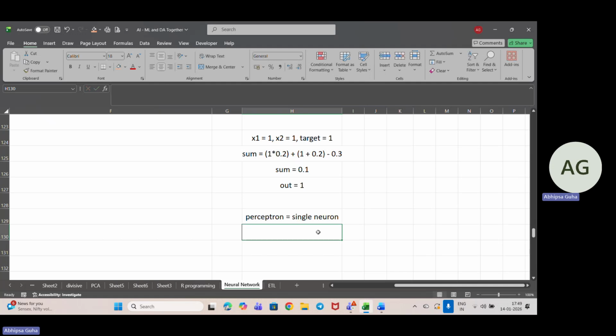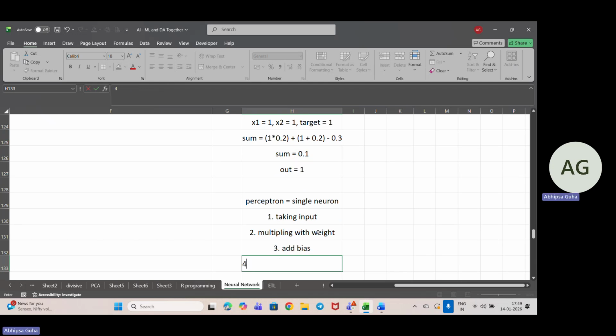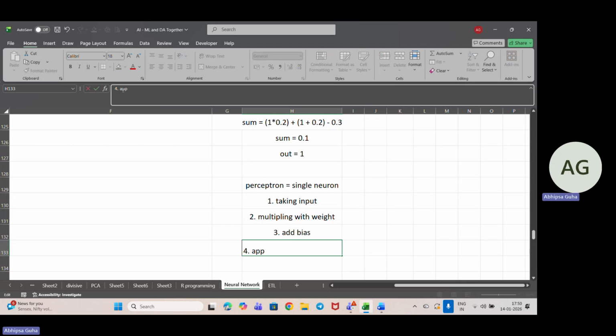Steps, one more time I am telling: the first step is taking input, next multiplying it with weight, the third step is adding the bias, the fourth step is applying the step function, that is the activation one.